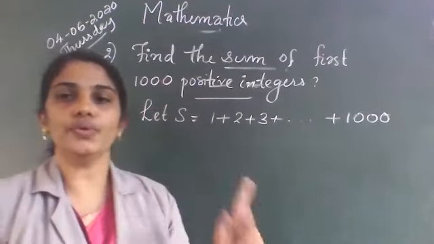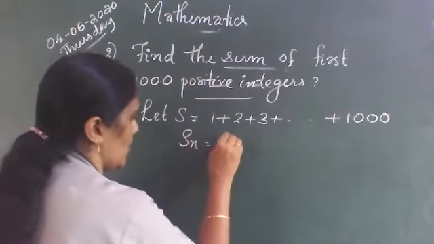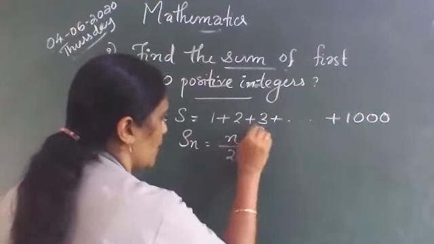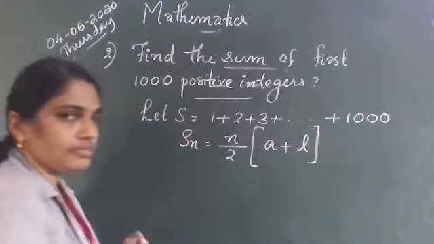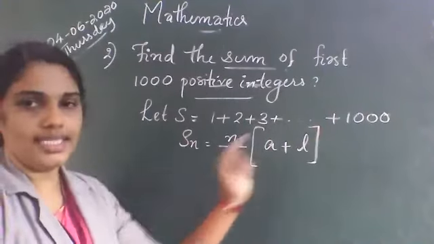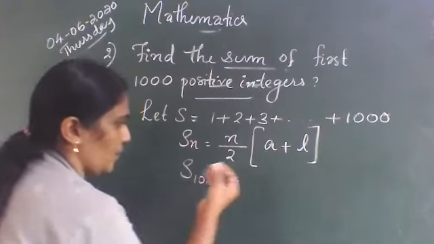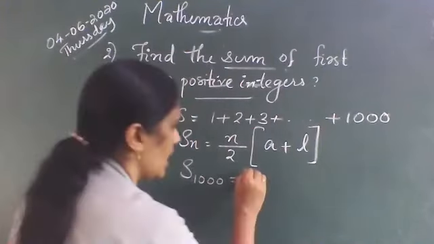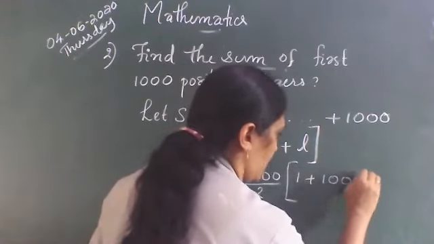So we have to use the second equation, that is Sn is equal to n by 2 into first term plus last term. S1000 is equal to n, which is 1000, by 2 into first term 1 and last term 1000.